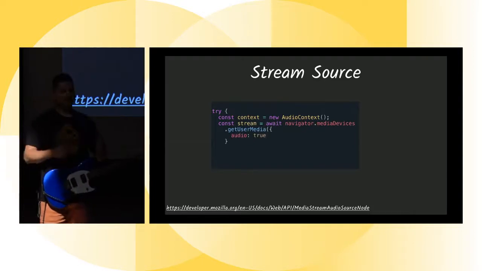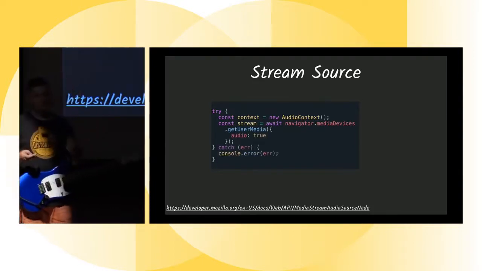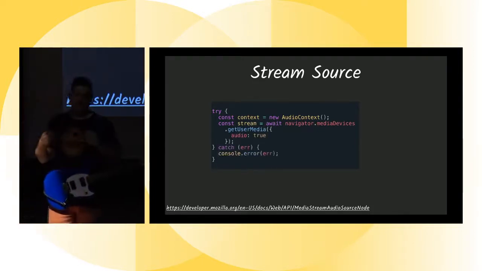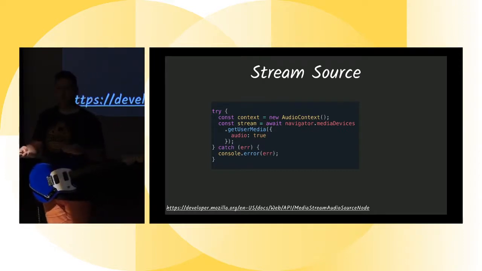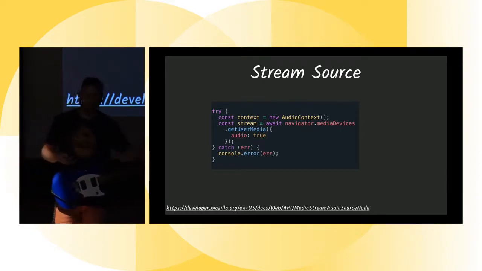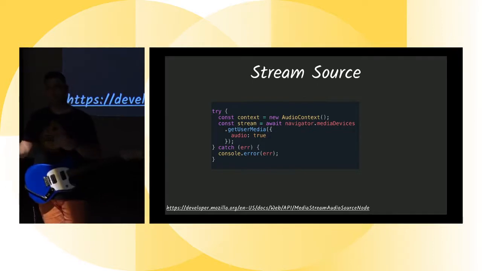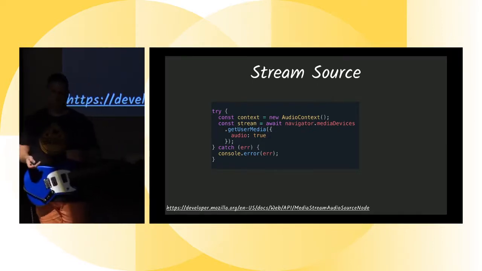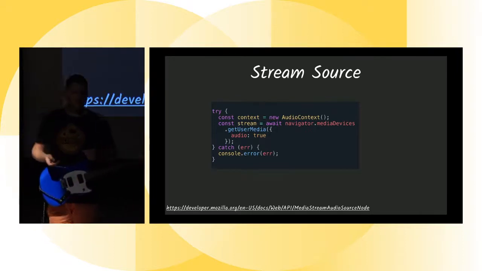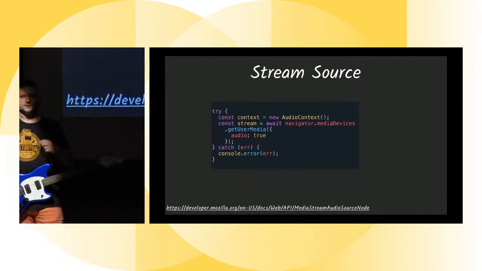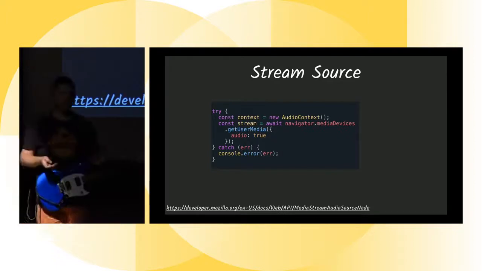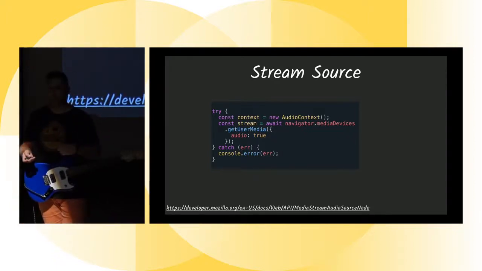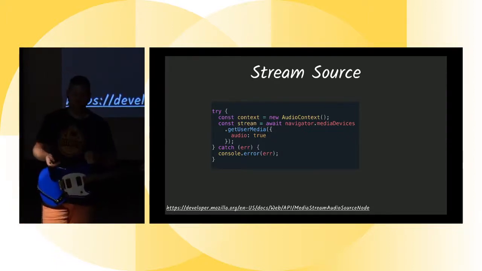After that, we request a stream. We use navigator.mediaDevices, and we are requesting audio in my case. You can also request video, but I don't need it, that is why I don't show it. And you can catch errors if permissions to audio are not granted or something went wrong, so it's optional.